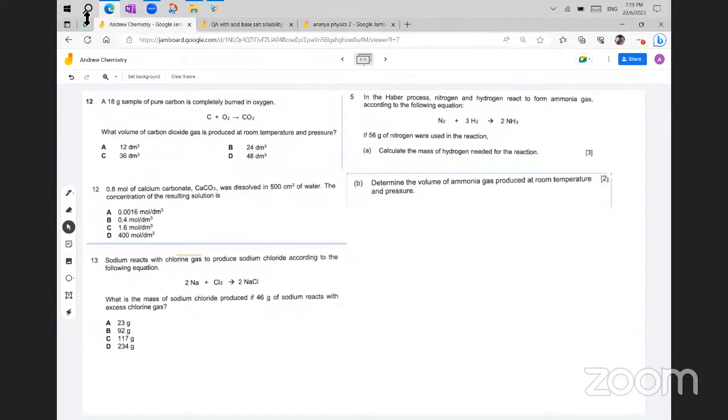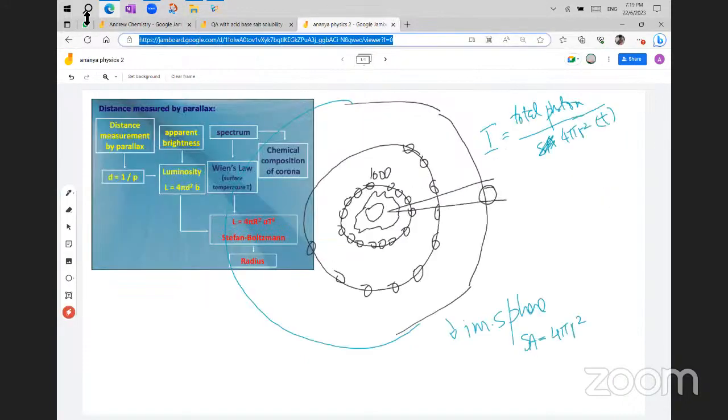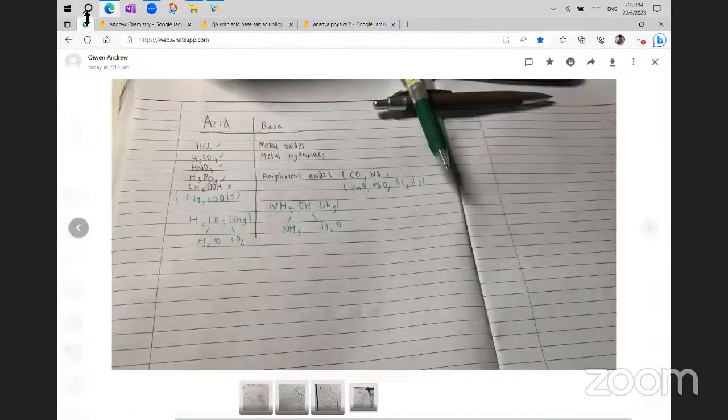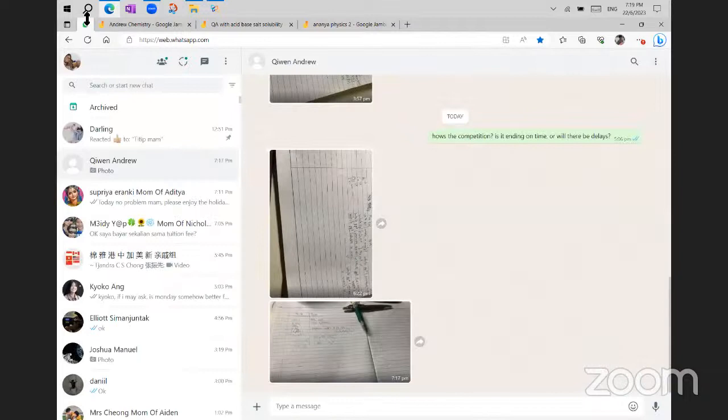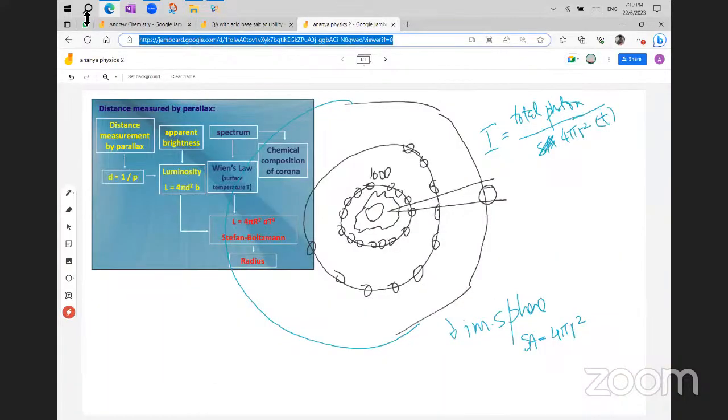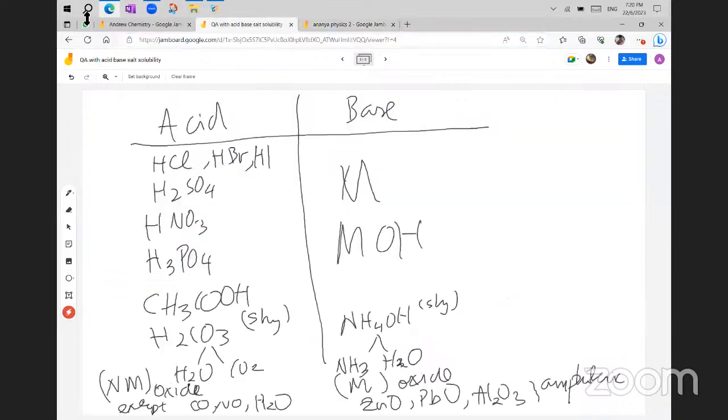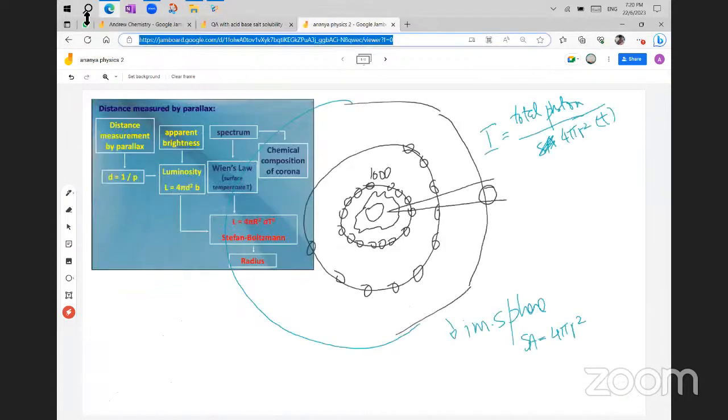Okay, Andrew, are you okay so far? I'm fine, but just not very sure about all the neutral oxides. I only remembered the carbon monoxide and H2O. Yeah, H2O, water. Okay, good job.